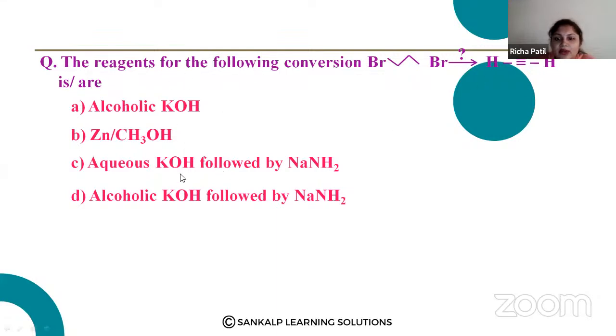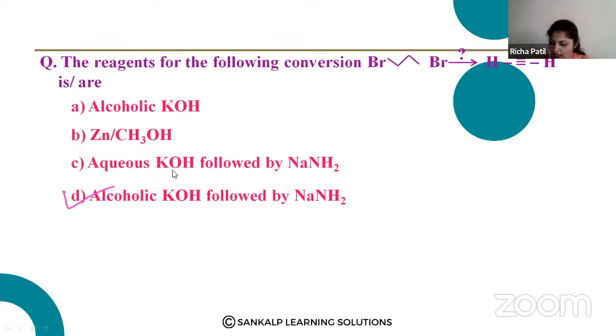It is a dehydrohalogenation reaction, so it is alcoholic KOH. The correct answer is D: alcoholic KOH followed by NaNH2.